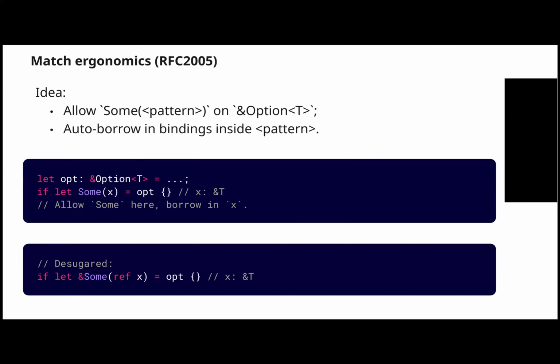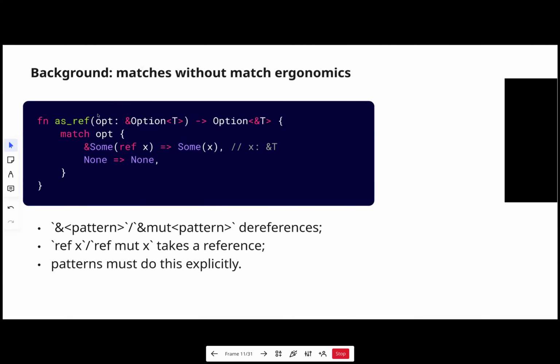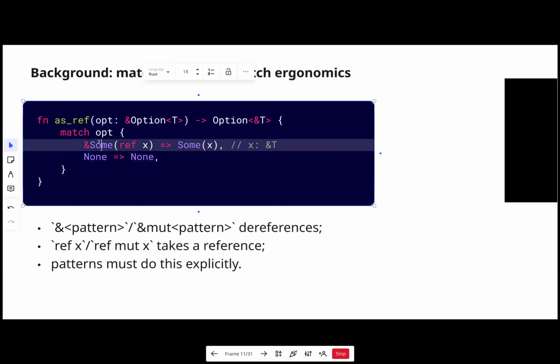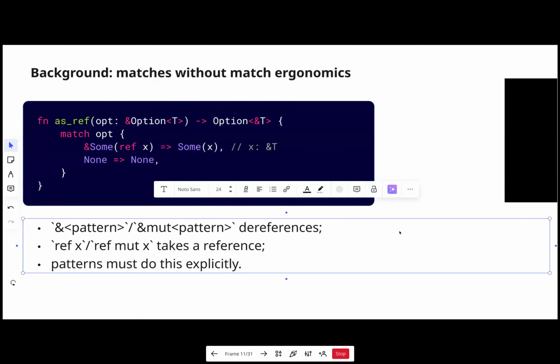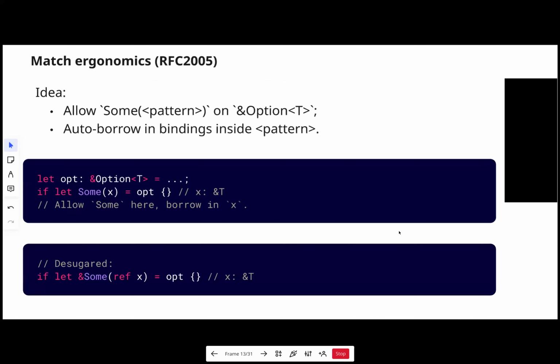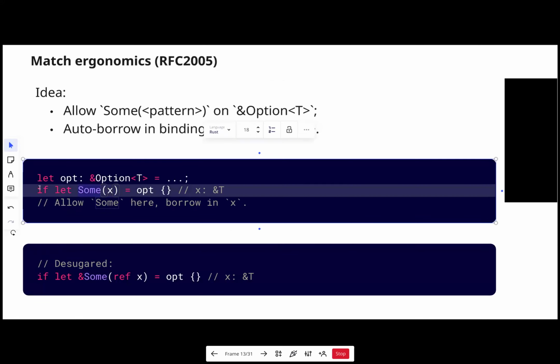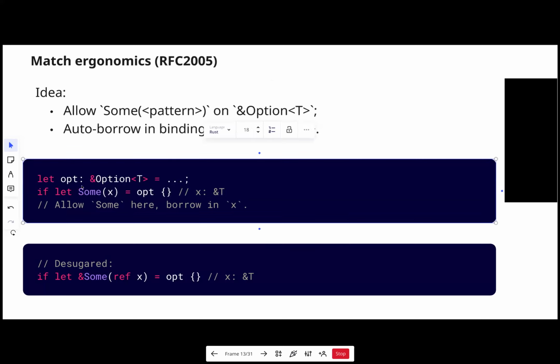RFC 2005 proposes the following simple idea. Well, the users probably just write Some here and then get errors and have to fix their patterns. So let's allow Some. I'm switching to if let because match takes more lines, but it's the same thing.